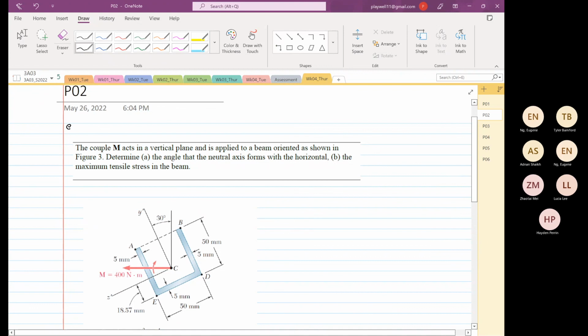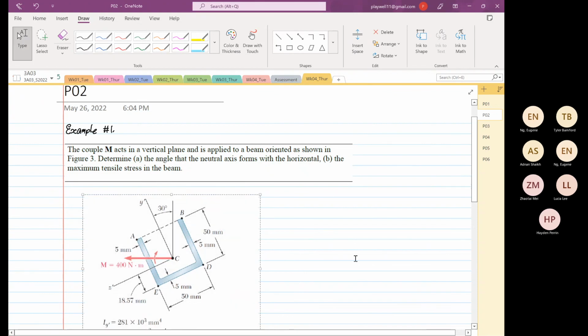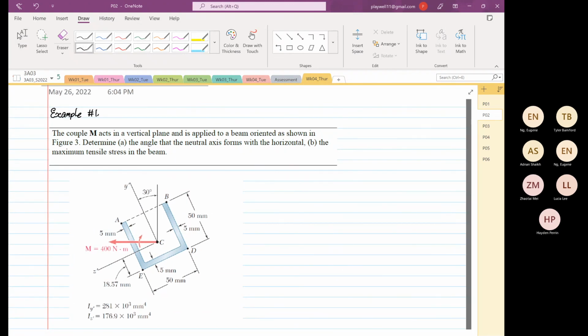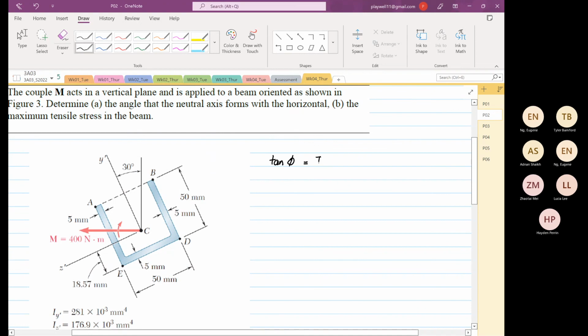Okay, so we are asked to determine the angle of the neutral axis. Okay, so the formula we're going to use, which we just derived, is tangent phi is equal to Izz over Iyy tangent theta.